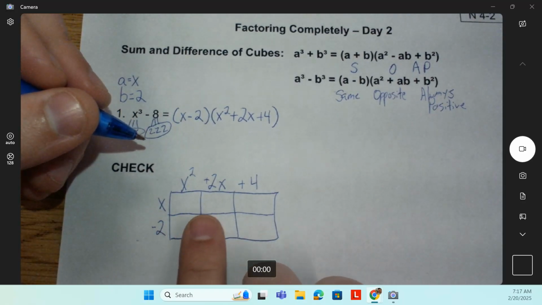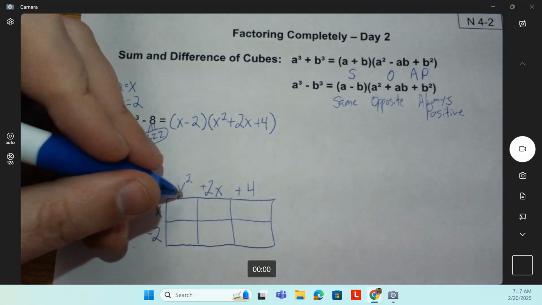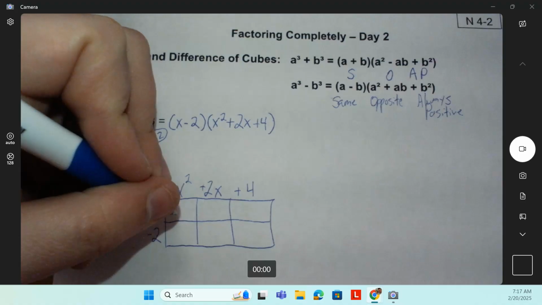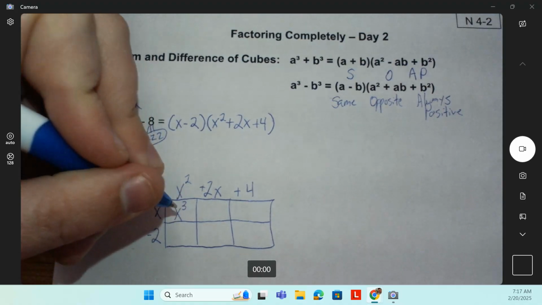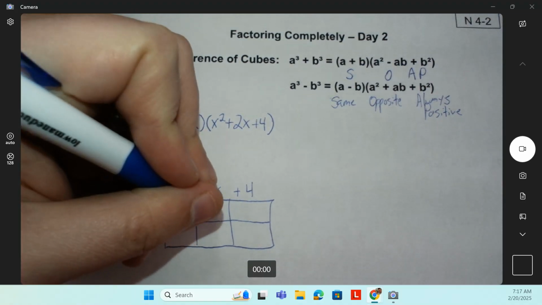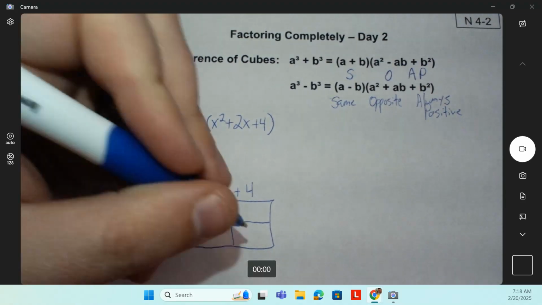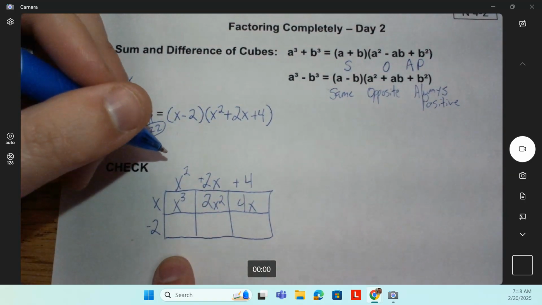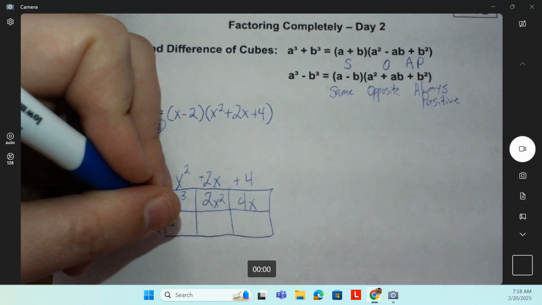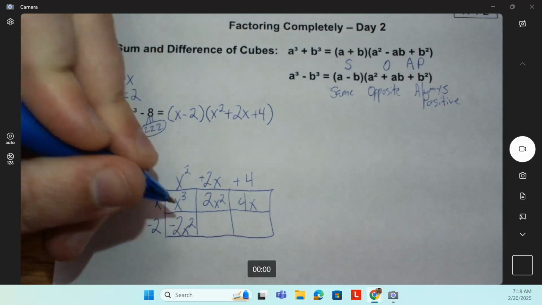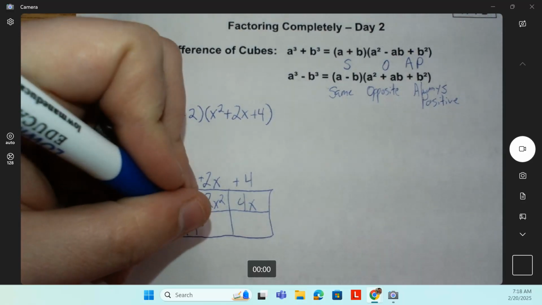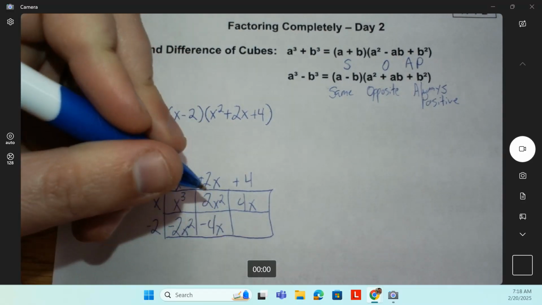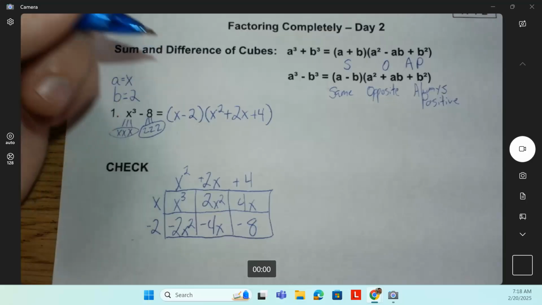And we're just going to go through and multiply everything out. So x to the third power, 2x squared and 4x. Negative 2 times x squared would be negative 2x squared. Negative 4x and negative 8.